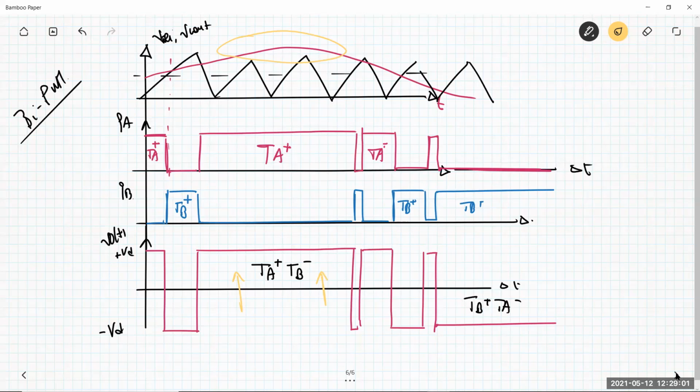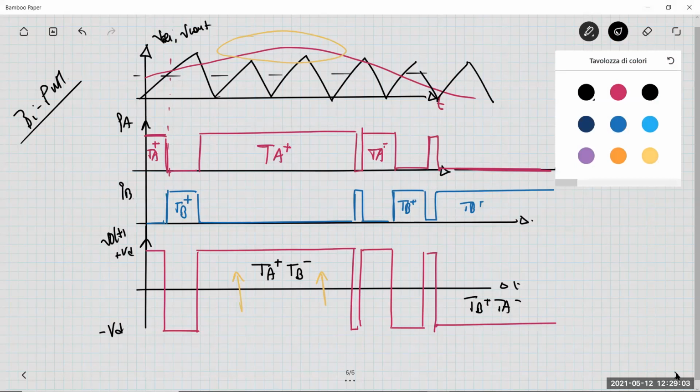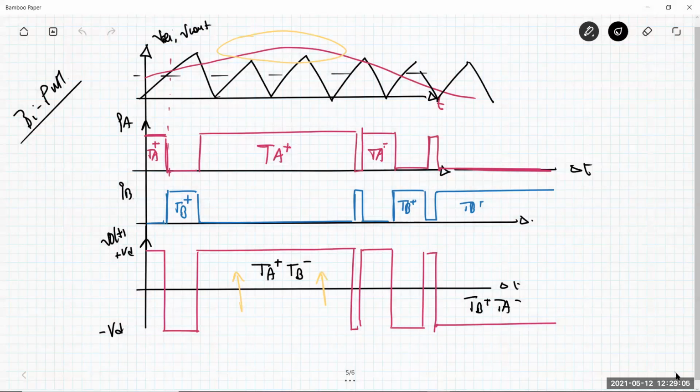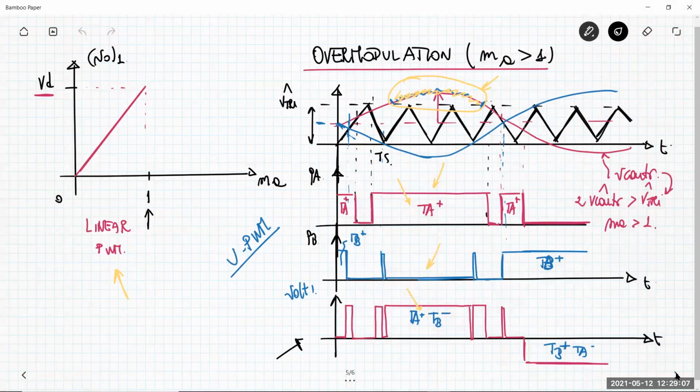contribution. If you look at the output fundamental component, so if you look at this waveform here, the output voltage, and you use the Fourier transform to look at the several frequency components of this waveform, you can see that there is again a component at frequency F1, which is the frequency of the control voltage.